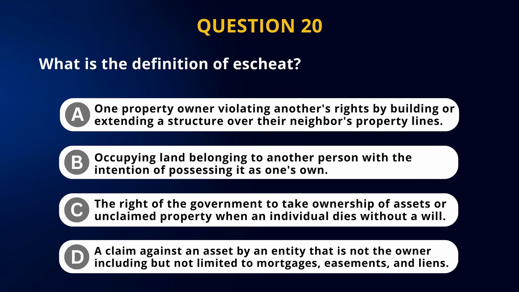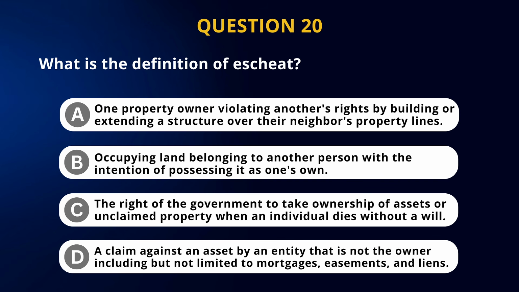Question number 20. What is the definition of escheat? Letter A, one property owner violating another's rights by building or extending a structure over their neighbor's property line. Letter B, occupying land belonging to another person with the intention of possessing it as one's own.